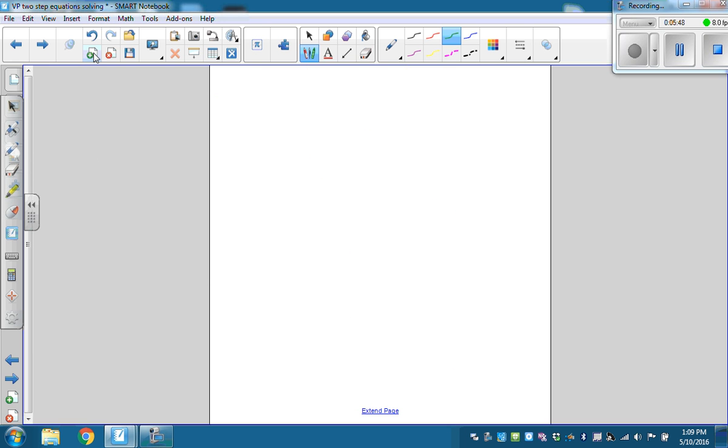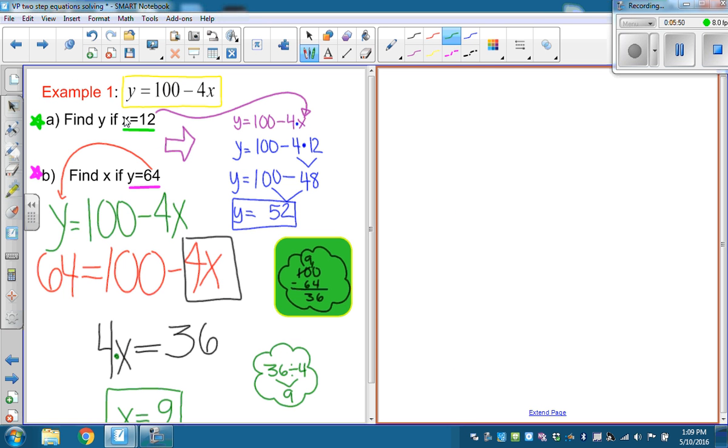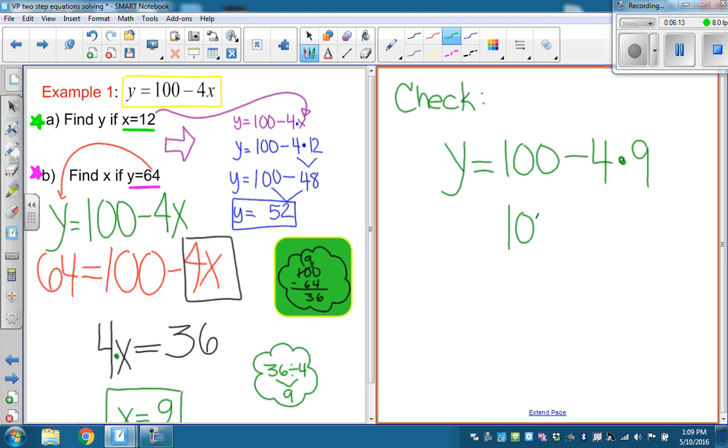We're going to check our work now. So on part B, to check and see if we did it right, we're going to say y equals 100 minus 4, and instead of x, we're going to put 9 there. Order of operations tells us we have to multiply first.